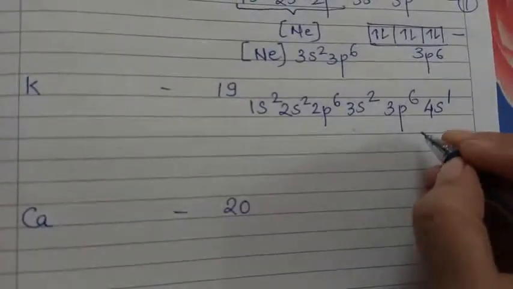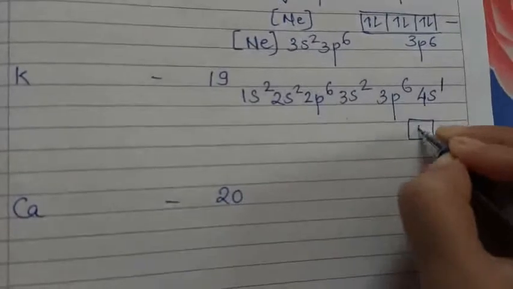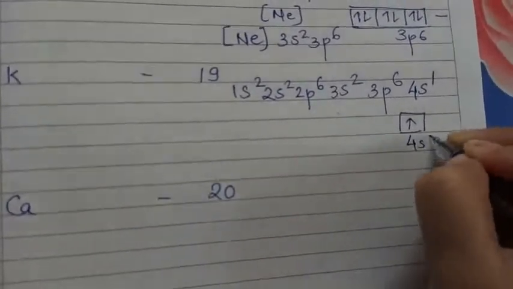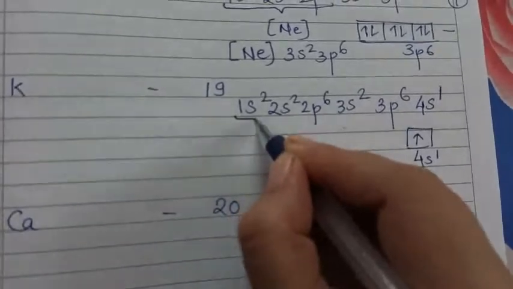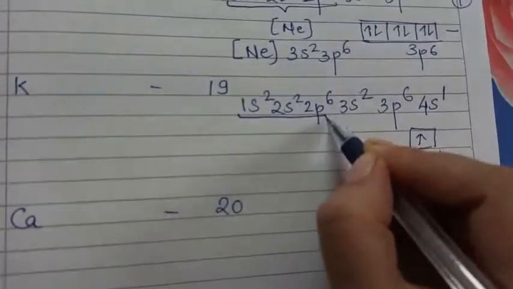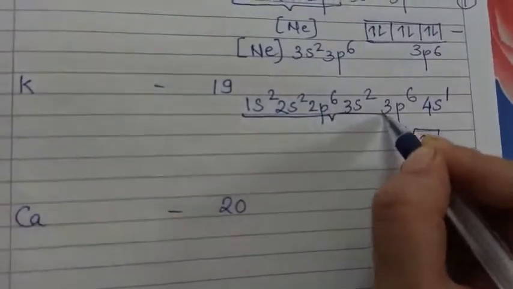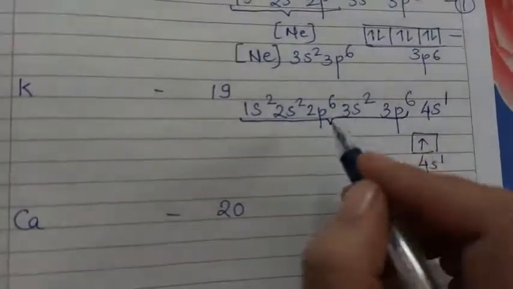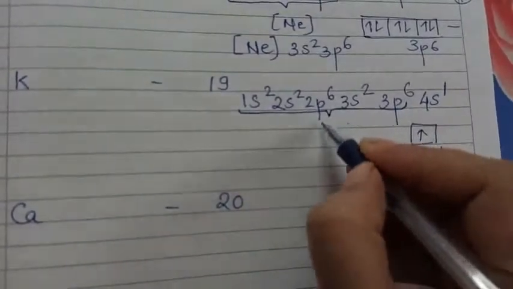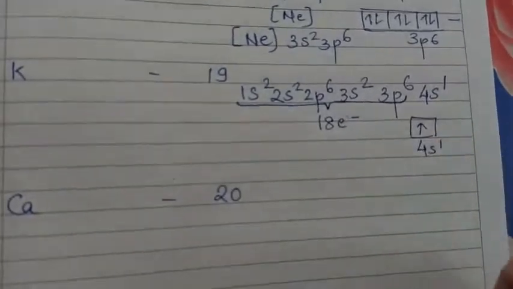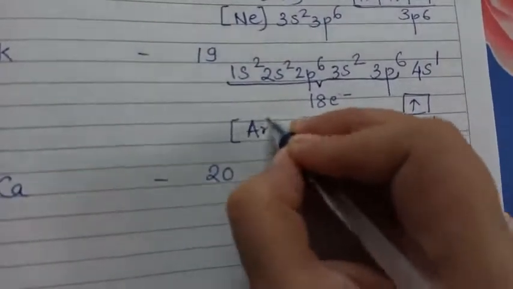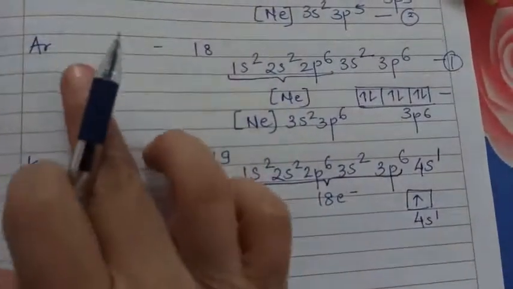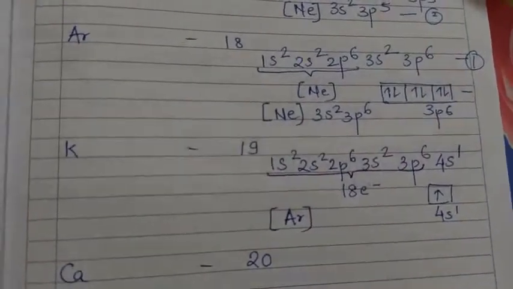So here we will draw only 4s. This is 4s1. Now we very well know again one more noble gas has arrived. You see, 3p6 is filled. So till here we have 18 electrons, and these 18 electrons represent the configuration of argon. Argon is this, it's a noble gas.